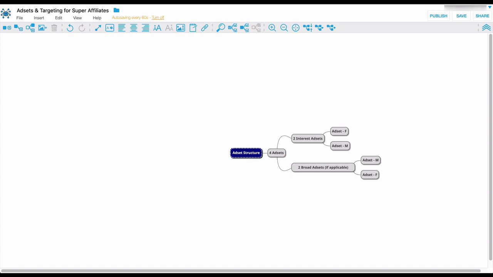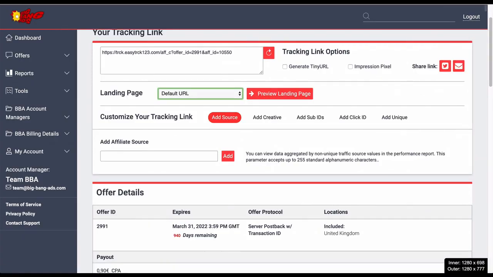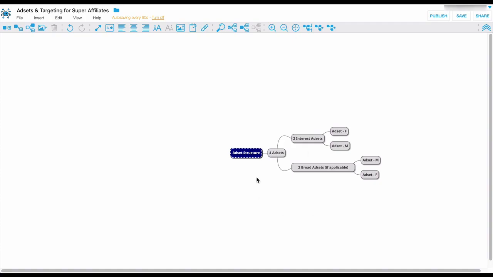To give you some examples, let's say we're looking at some examples of offers. I've got Big Bang ads open here. One of the first things I see is Amazon over here, all right? So let's say Amazon as an example. You've got to think about it: if you were on the street, Amazon could be a target. There may be a subset of people that really are devoted to Amazon.